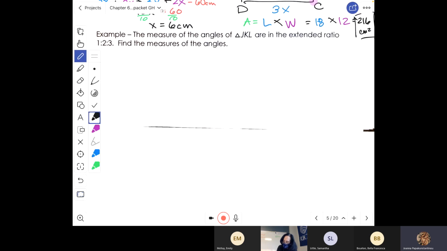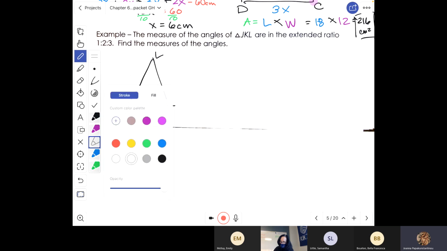We have a triangle. My triangle is J, K, L. And I have an extended ratio. Do you know what an extended ratio is?